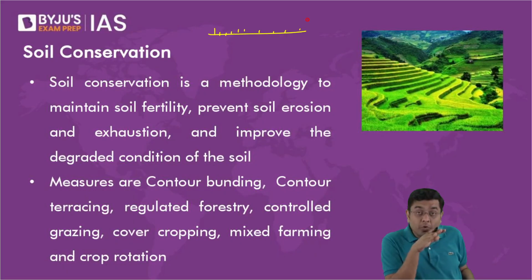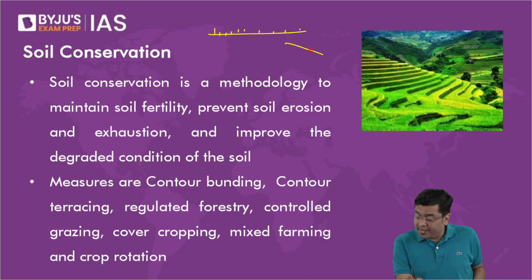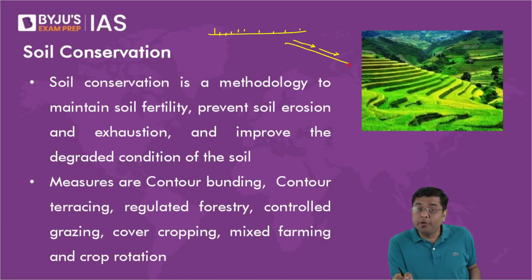The other is to reduce the speed of the flow of water. If you have a hilly terrain, there you will observe that the rate of flow of water is very high. So what you do is that in these hills, you build terraces.